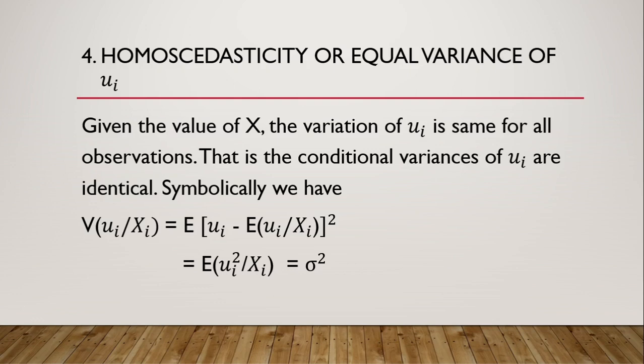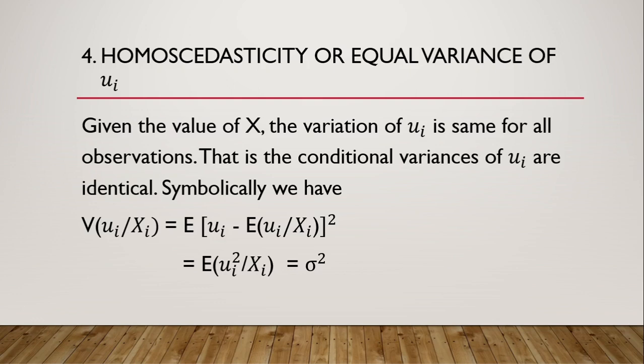Homo means same, equal. Scedasticity refers to the spread. So, there is equal spread or equal variance. So variance is a constant. The variation of the stochastic term is a constant for all observations. That is, the conditional variances of ui are identical. Variance of u is the same.